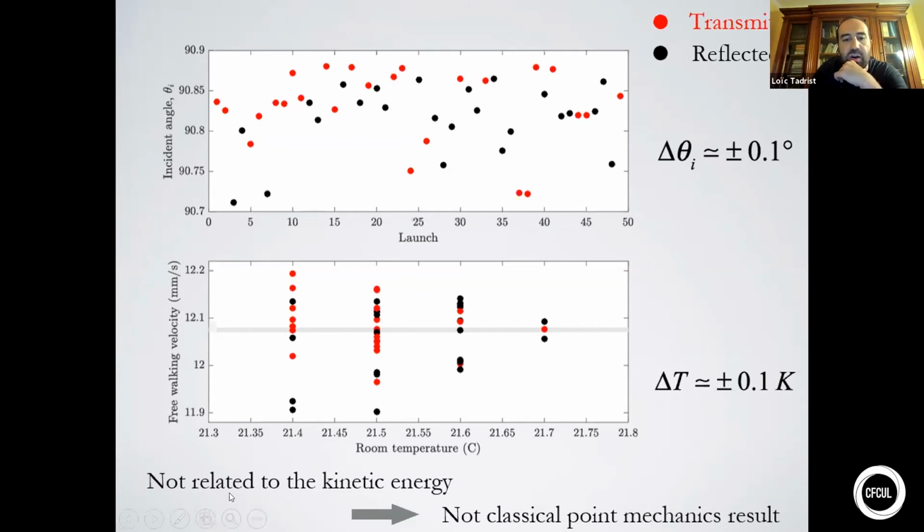As you can see here, red corresponds to transmitted and black corresponds to reflected, and it depends neither on the incident angle, nor on the walking velocity, nor on the room temperature. So it's definitely not a classical point mechanics result.